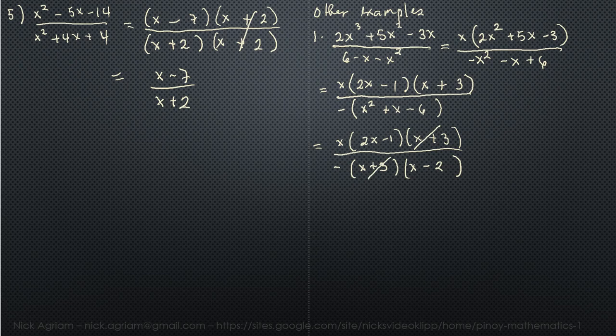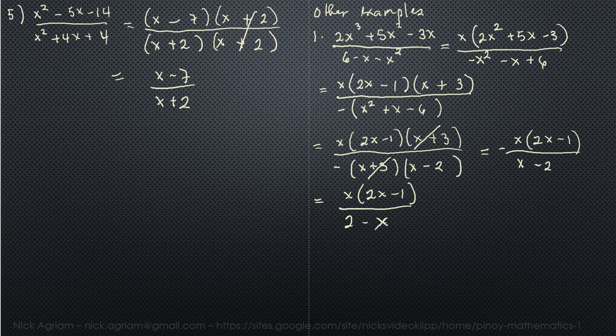There you go. Our answer will be negative x multiplied by 2x minus 1 divided by x minus 2. Or, if I don't want negatives, I have x, 2x minus 1, and I have 2 minus x.